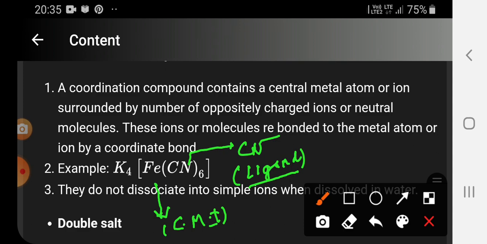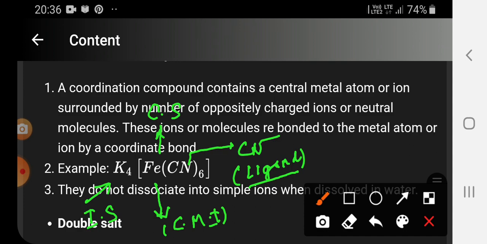And in the given example, the square bracket part is also known as the coordination sphere. I am writing in short, and the rest part is known as the ionization sphere.